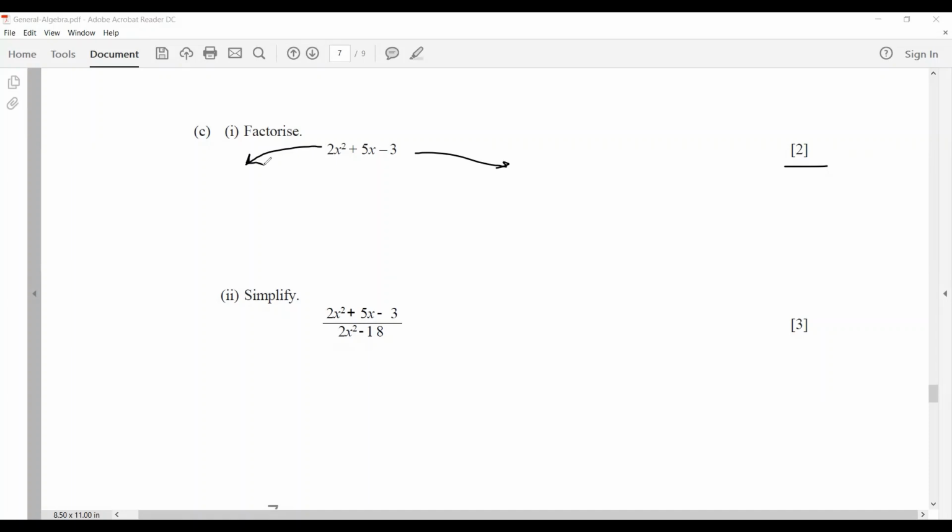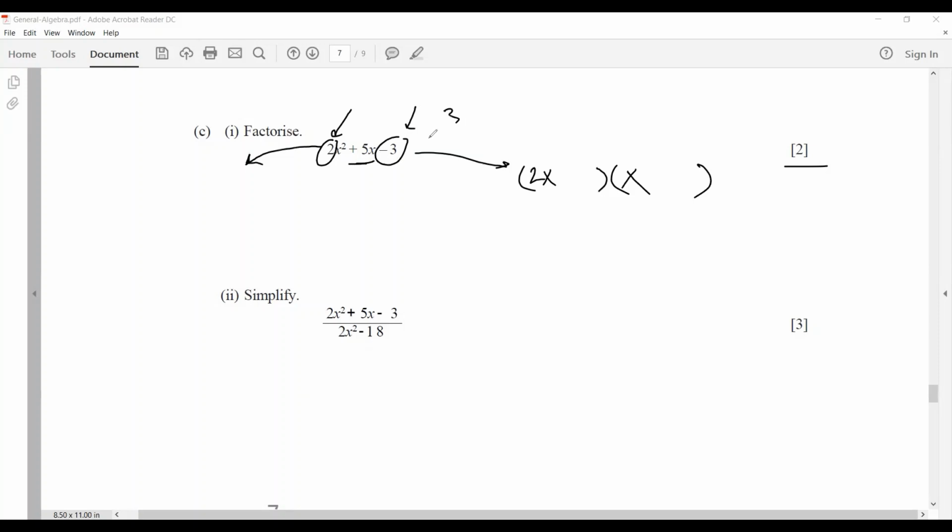So I suggest you slowly try to learn the method by inspection, meaning, especially if the coefficient of the x squared term is a prime number, you just write that number with one x and the other x here. So the brackets should start like that. And then take a look at the constant. So skip the middle part, take a look at the constant.